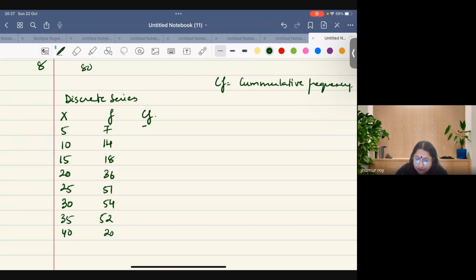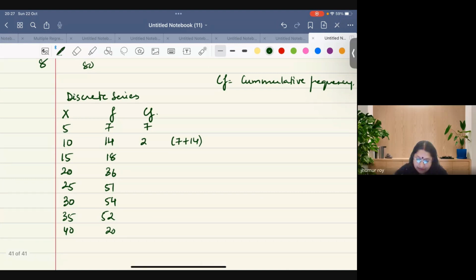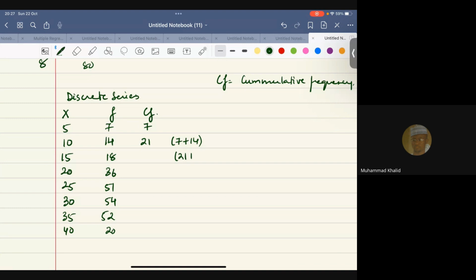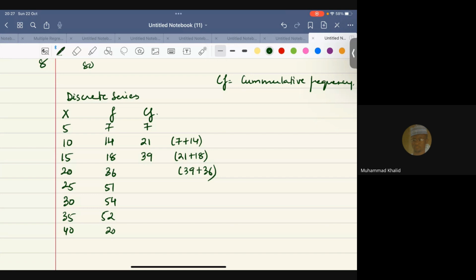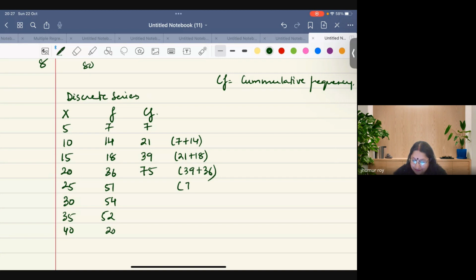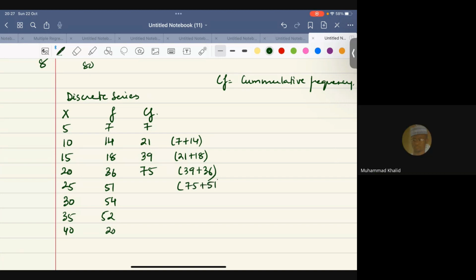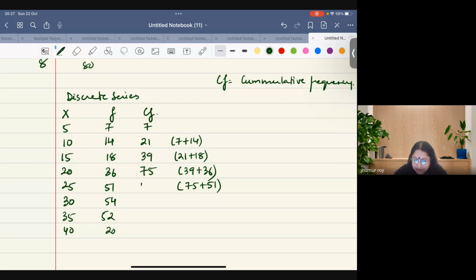Now, first value, you will write the same value. And what you will do is you will keep on adding one value to the next one. So next one will be 7 plus 14. What is the value? 21. Then you will write 21 plus 18, 39. Then 39 plus 36, that's 75. Then you'll have 75 plus 51, 126.